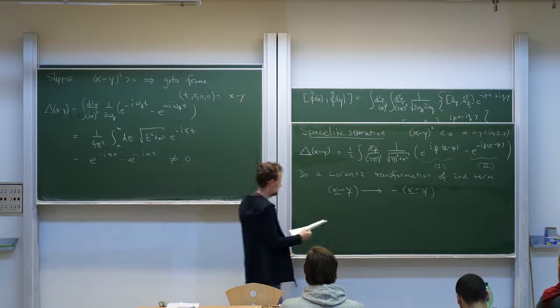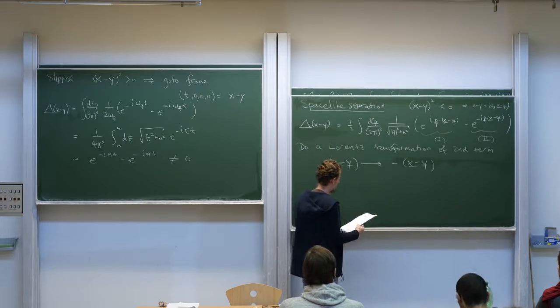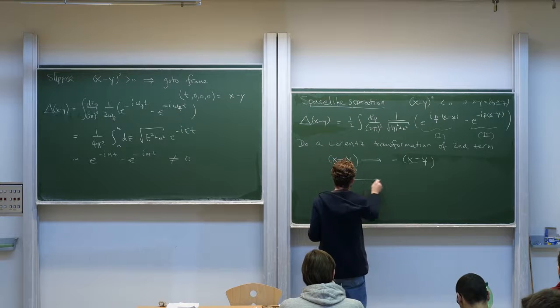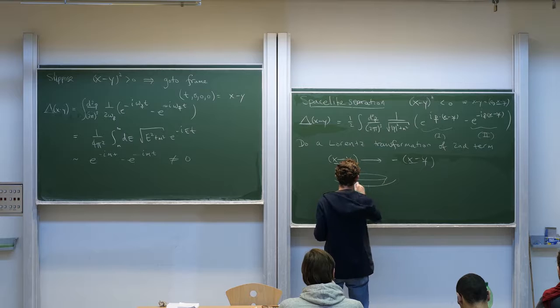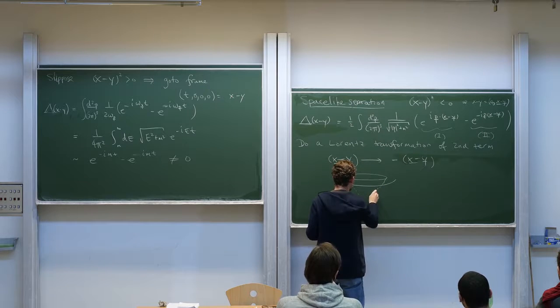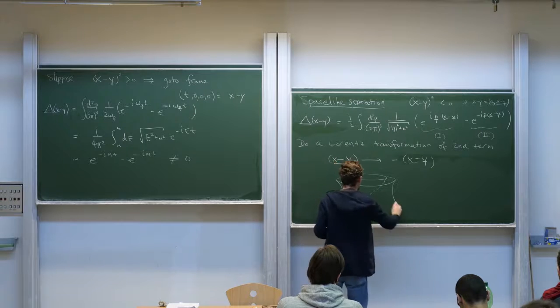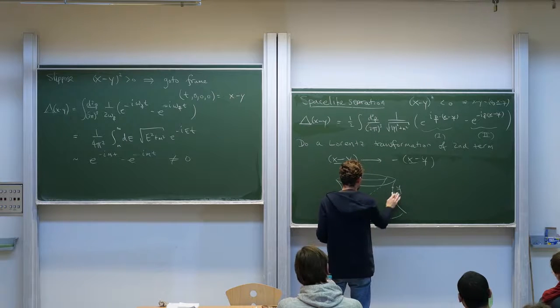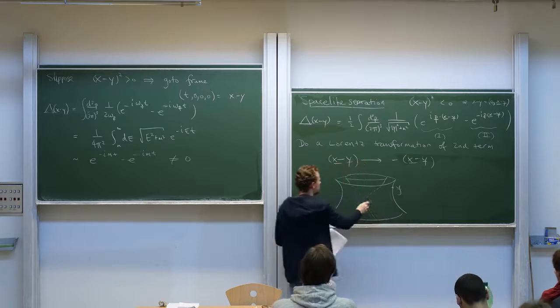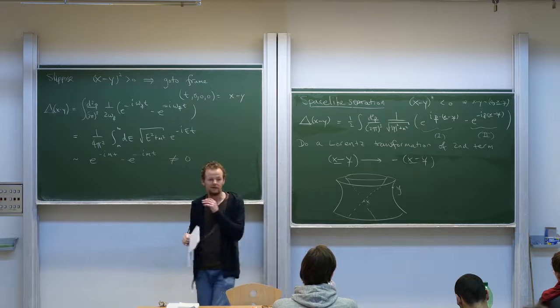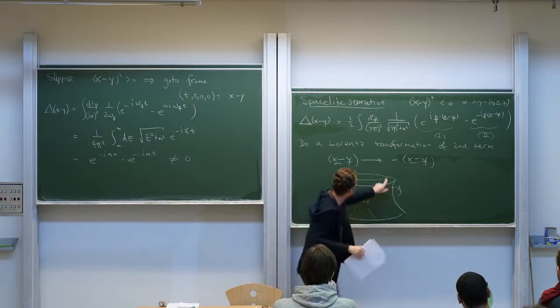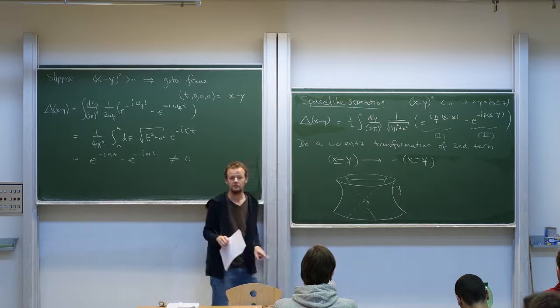And the picture to have in mind here is this following space-time picture. So y and x, these two events, are space-like separated. So y is outside the light cone of x.